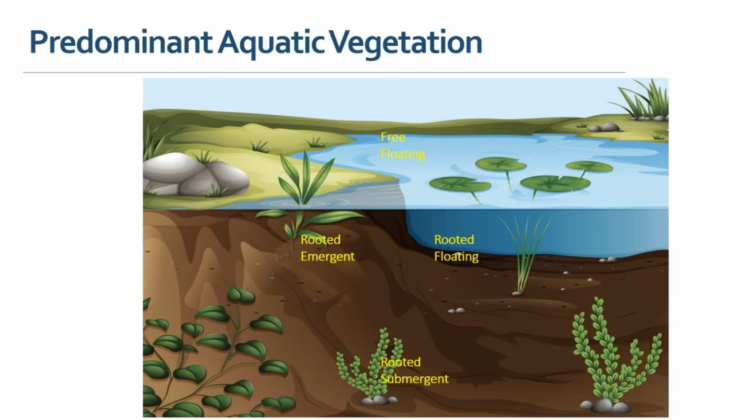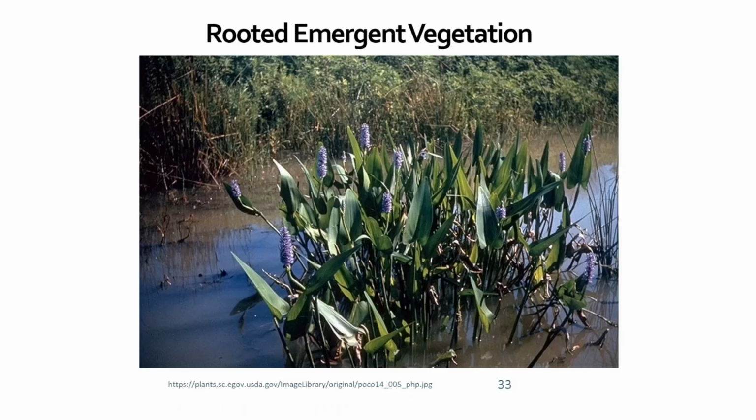And I'm going to show examples of each of these. So this plant is a rooted emergent plant. So the roots are in the water down into the substrate of the stream, and then they're emerging out of the water. So that's what it means by rooted emergent.